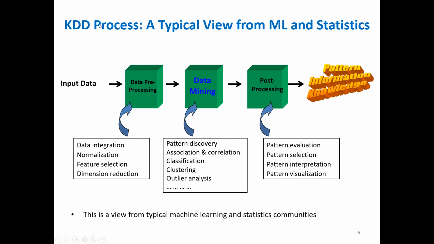Now, if the data is ready for data mining after pre-processing, then we can apply various data mining techniques like pattern discovery, association and correlation, classification, clustering, and outlier analysis. These are the different techniques of data mining that you can apply to the databases.